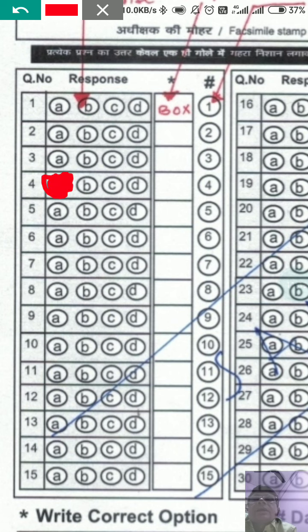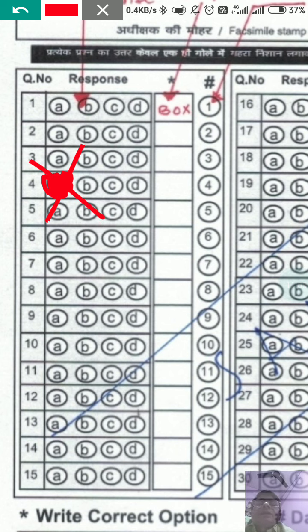And after some time when you are reviewing the question, you feel, oh, due to some calculation the correct answer should be D, but I have darkened A. Now you don't have any option to correct it. You cannot cross it. This is the wrong way.